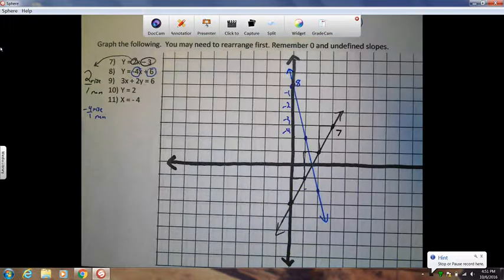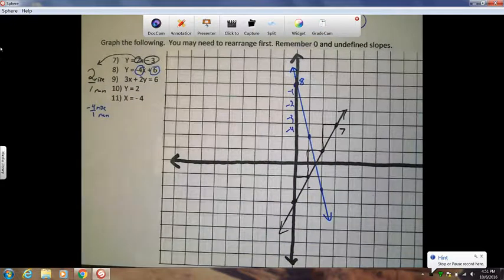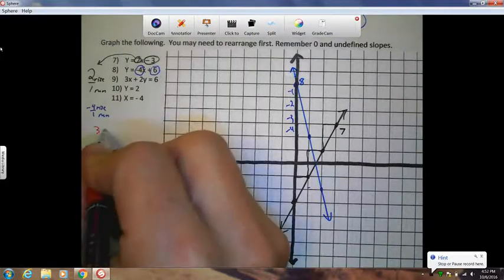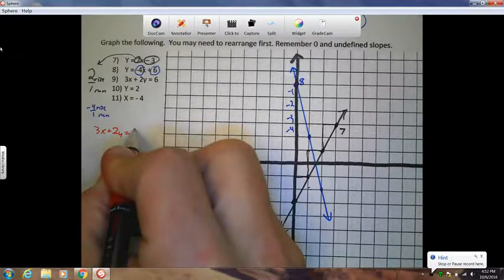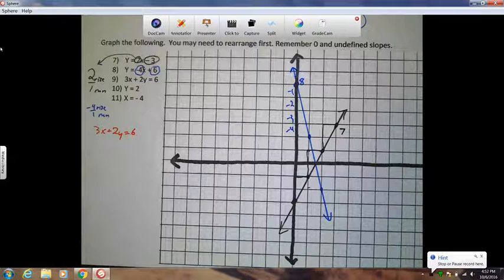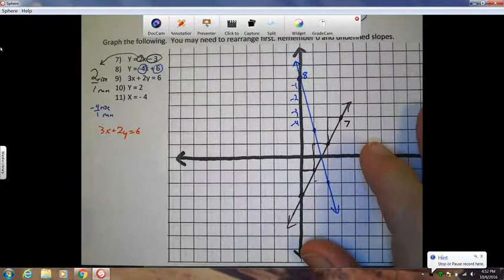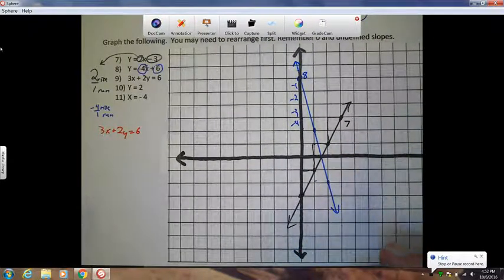Okay, let's look at number 9. Okay, number 9 looks like this. This is not slope-intercept form. It's actually standard form. So I cannot graph it until I get it to slope-intercept form. So I need this over here.